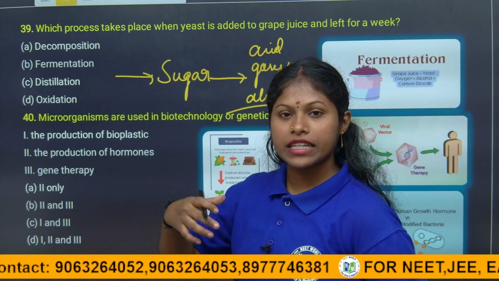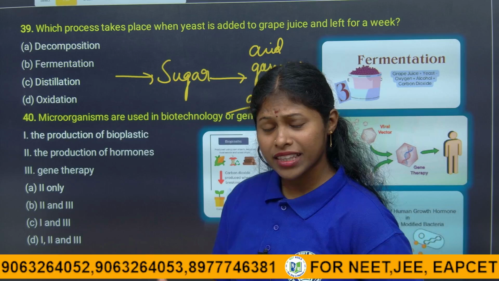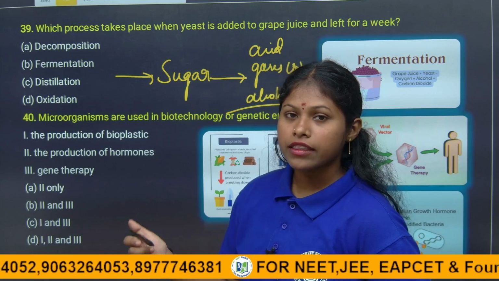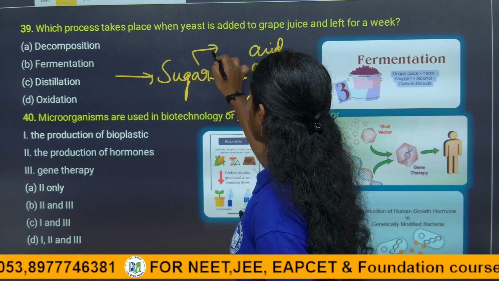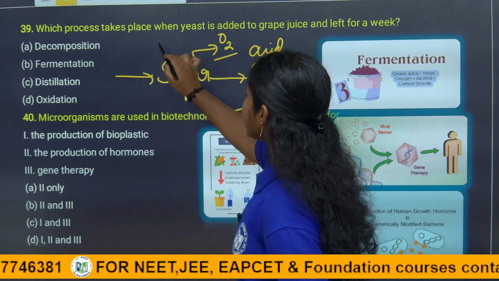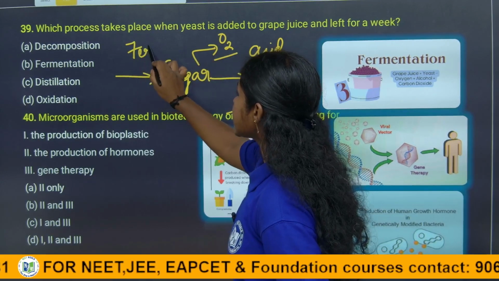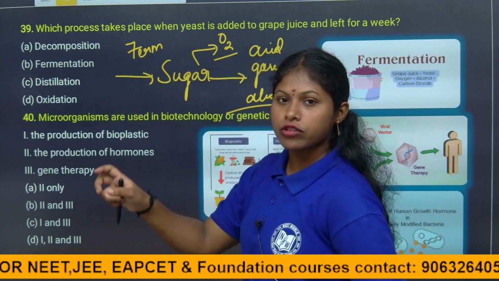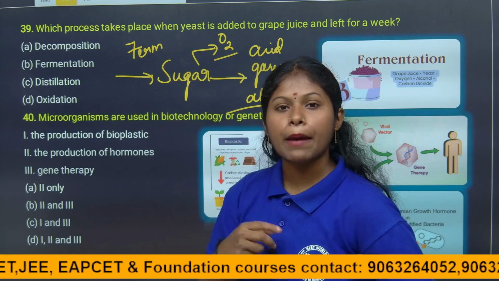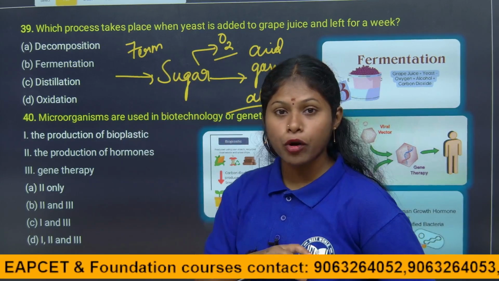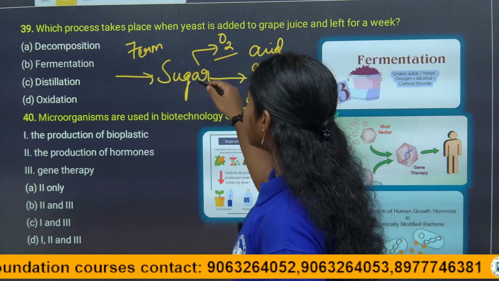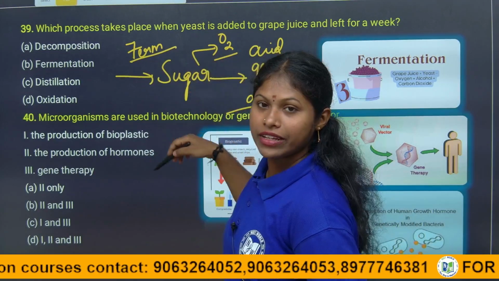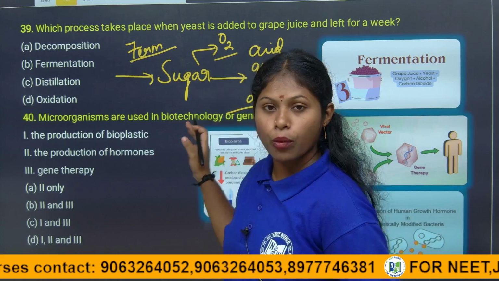With the help of these microorganisms, the fermentation process happens. It occurs in the absence of oxygen. That is why we call the fermentation process an anaerobic process. Anaerobic process means, children, it happens in the absence of oxygen. What is an aerobic process? Aerobic process means it happens in the presence of oxygen. Since it happens in the absence of oxygen, we consider it an anaerobic process.